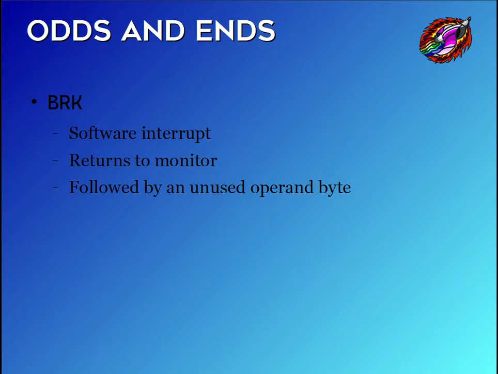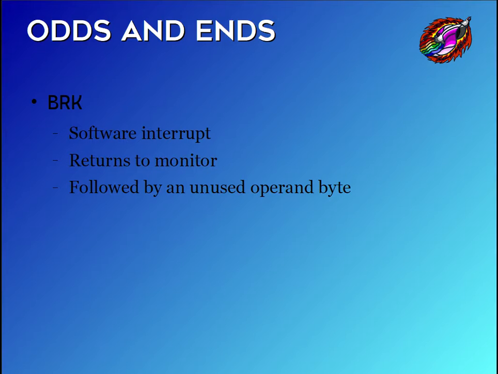And then one final little kind of odds and ends here. We'll get this example program up and running. But what happens when you're done setting the color of the border? What does your program do? Because the code's just going to keep running, and if there's no real machine language at the end of that code, then the processor can get confused and start doing all sorts of random stuff.